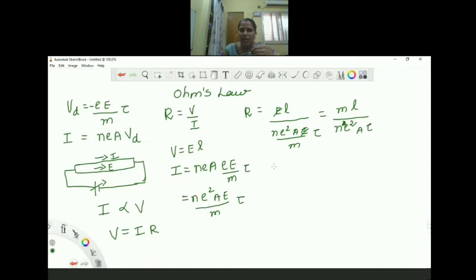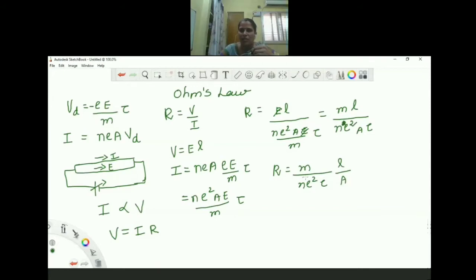So that is R equals m by n e square tau into L by A. Here you don't have the E at all.